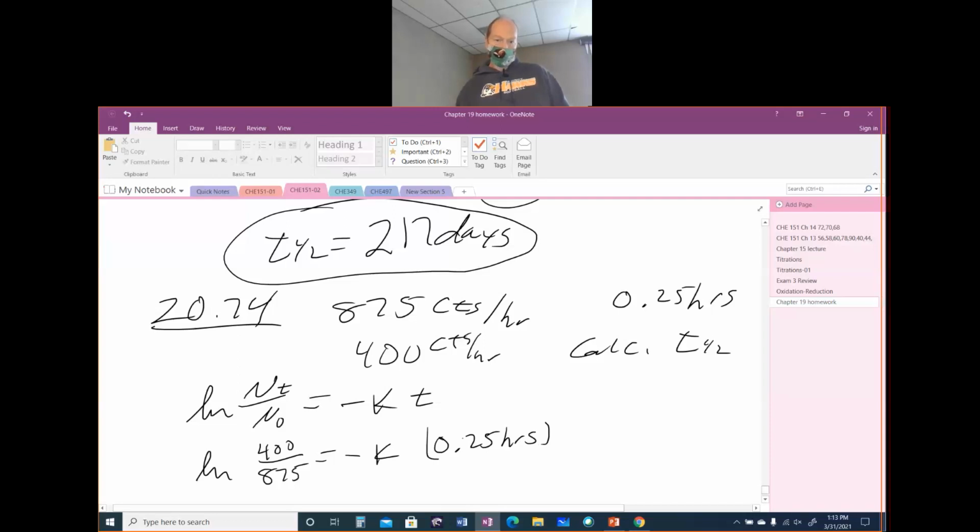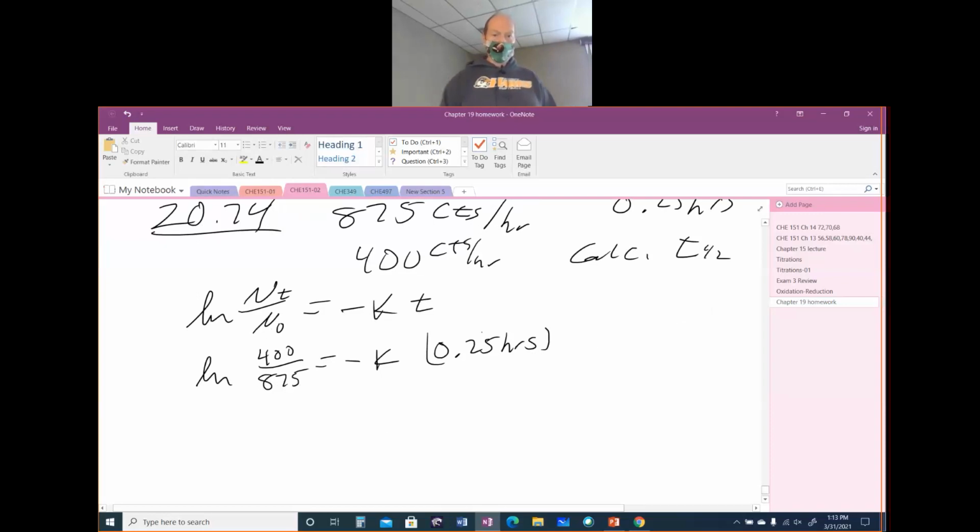This is exactly the same type of question as before, so you can do the substitution. k is 0.693 over T1/2, or you can solve for k and then get your T1/2.